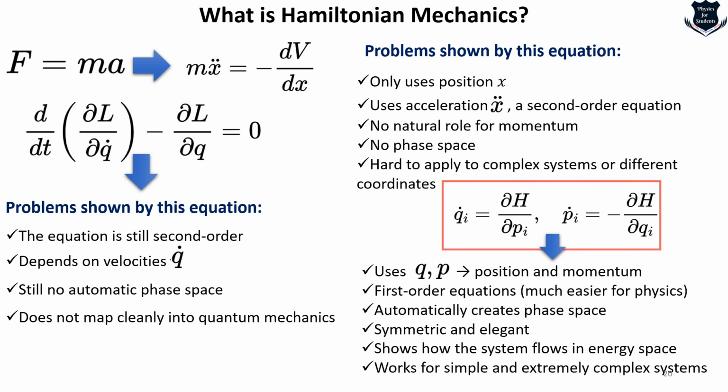It tells you that a first order equation automatically creates phase space and things like that. So the Hamiltonian tells us where something is and how fast it is moving, point number one. The math you need involves a simpler type of equation. It naturally gives a picture of how a system behaves or evolves over time.